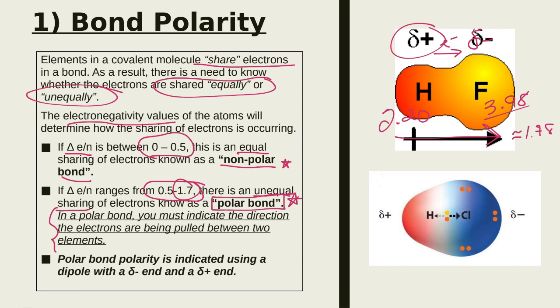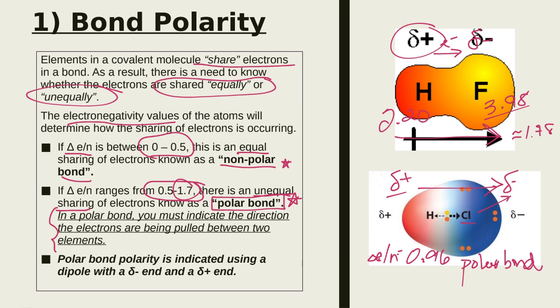Here's hydrogen and chlorine. When we do their difference in electronegativity, we get 0.96, okay? This is also a polar bond. And this means that I now have to draw an arrow indicating that electrons are going to be pulled towards chlorine, which makes him slightly negative, and electrons are pulled away from hydrogen, which makes him slightly positive.